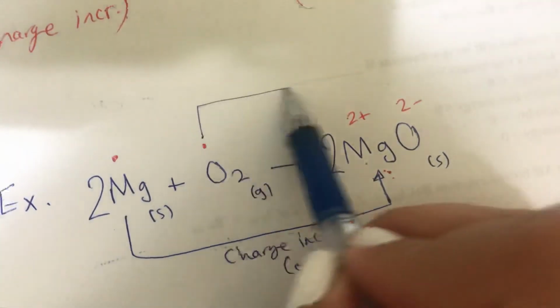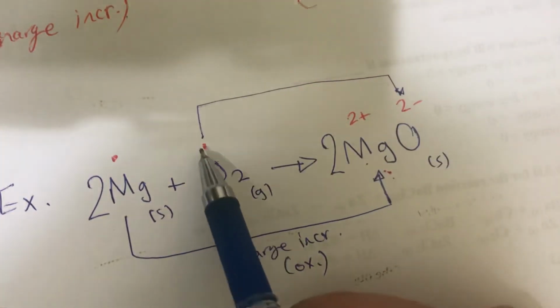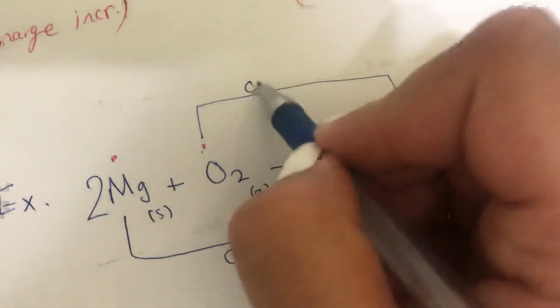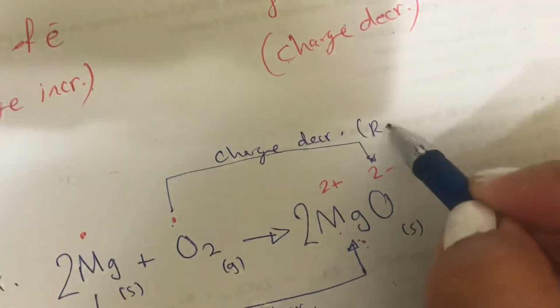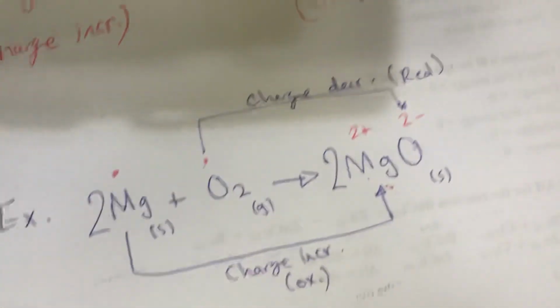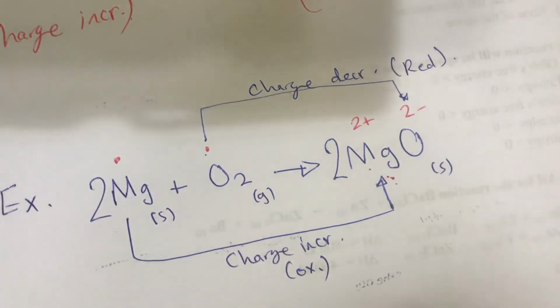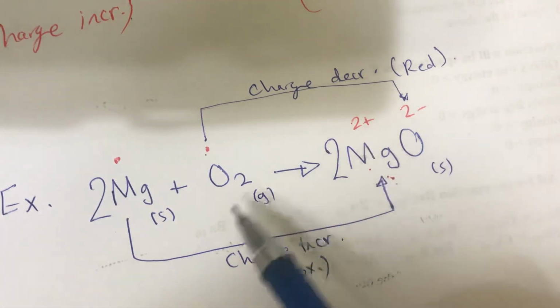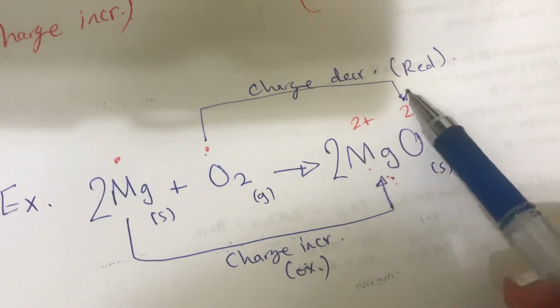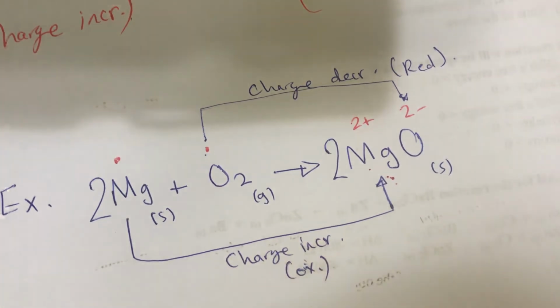The charge changes from 0 to negative 2. So here the charge decreases. Decreases means reduction. So in this reaction, one element is oxidized and one element is reduced. So it's an oxidation-reduction reaction.